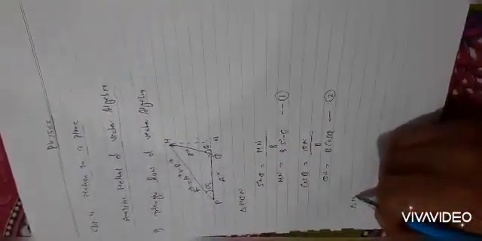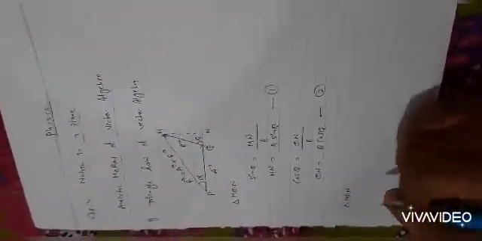So that is your equation first and that is your equation second. Now we are clear with the triangle MQN. Now we are taking triangle MPN.